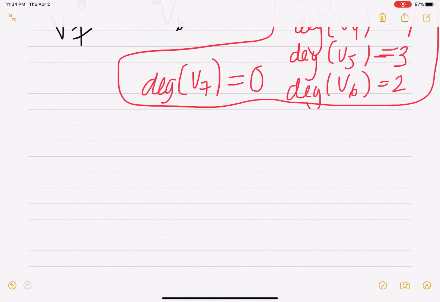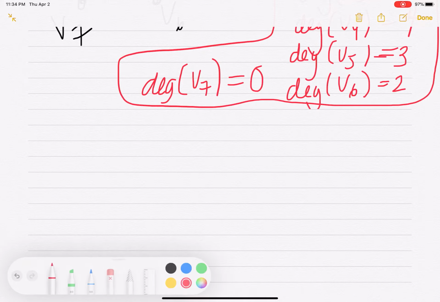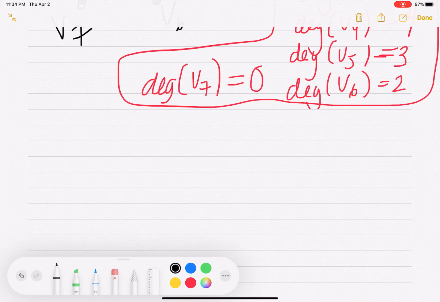We want to talk about what does it mean to trace a graph. What can it mean? Definition.